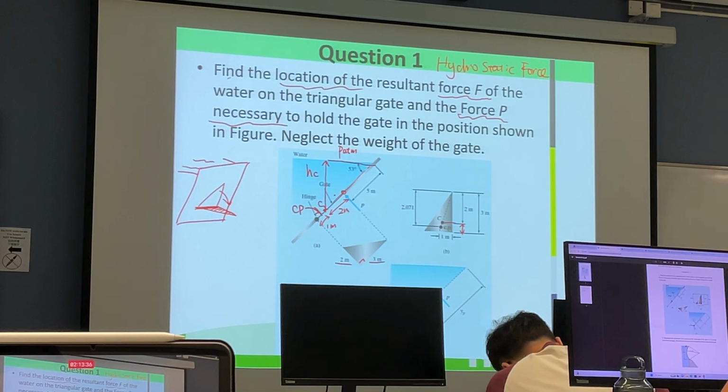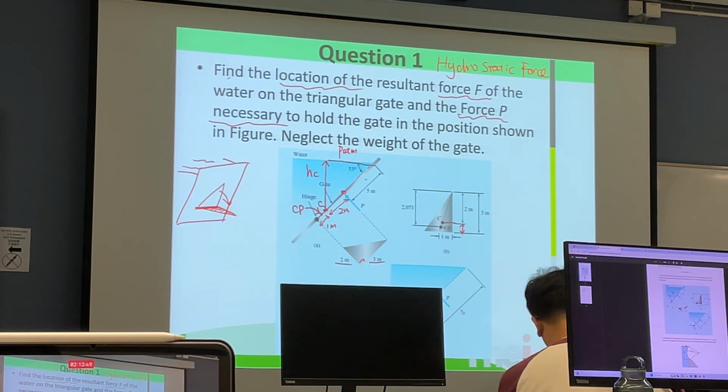As we said, the center of pressure is the action point of the resultant pressure force, which is supposed to be a little bit lower than the centroid, and we estimate the distance from the center of pressure to the water surface.